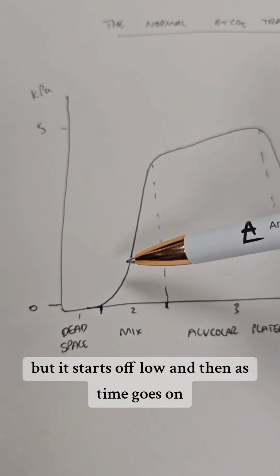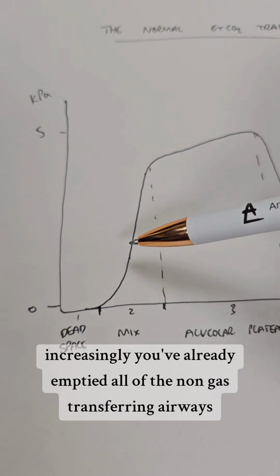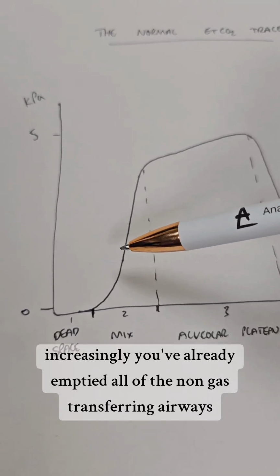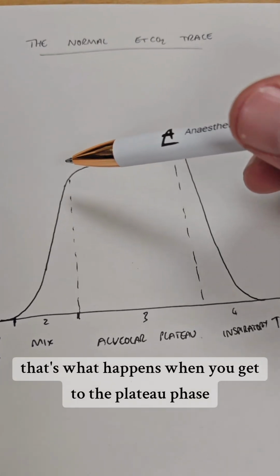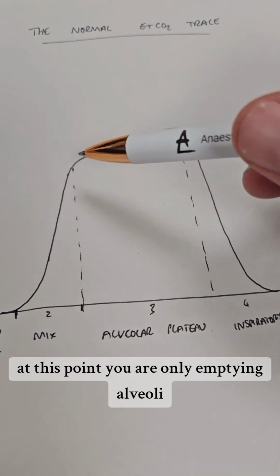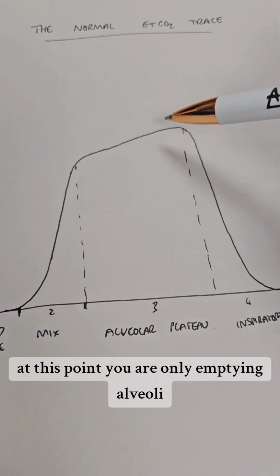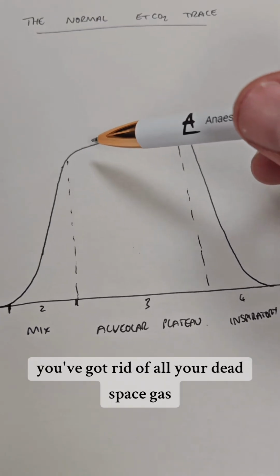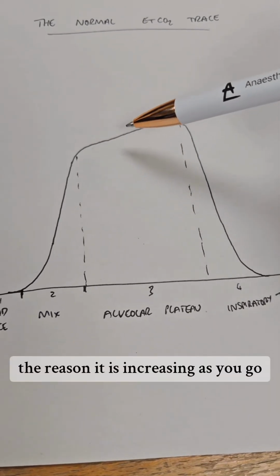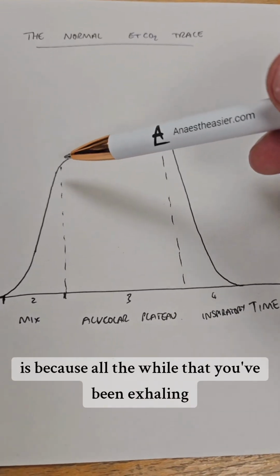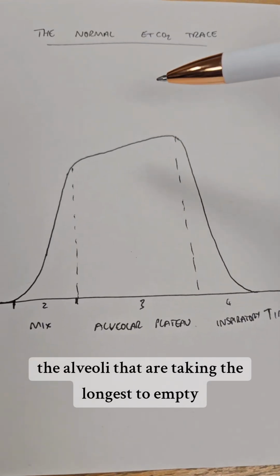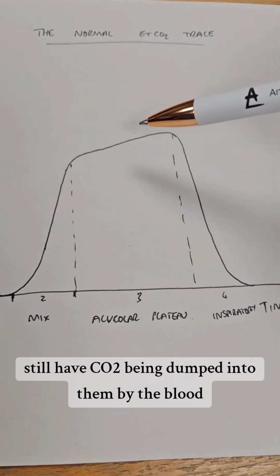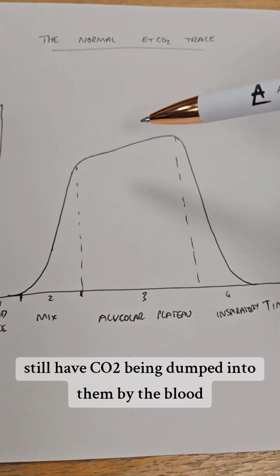And then as time goes on, increasingly you've already emptied all of the non-gas transferring airways, and you're just now emptying alveoli. That's what happens when you get to the plateau phase. At this point, you are only emptying alveoli, you've got rid of all your dead space gas. The reason it is increasing as you go is because all the while that you've been exhaling, the alveoli that are taking the longest to empty still have CO2 being dumped into them by the blood.